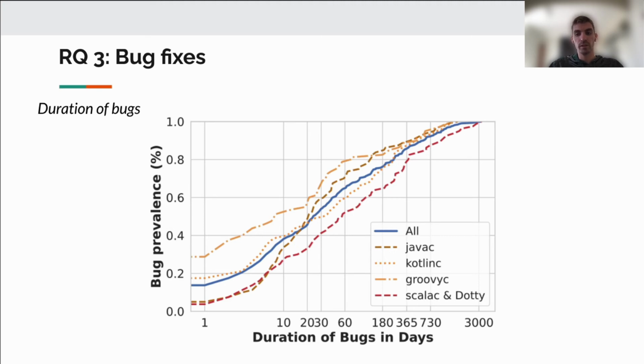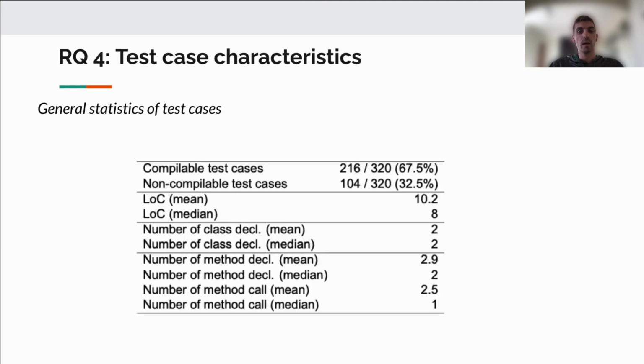In terms of days to fix, the median is 24 days and the mean is 186 days. We observed that for many bugs, the developers had long-lasting conversations about potential solutions and their implications. This suggests that many typing-related bugs are not fixed immediately after a bug report is opened.